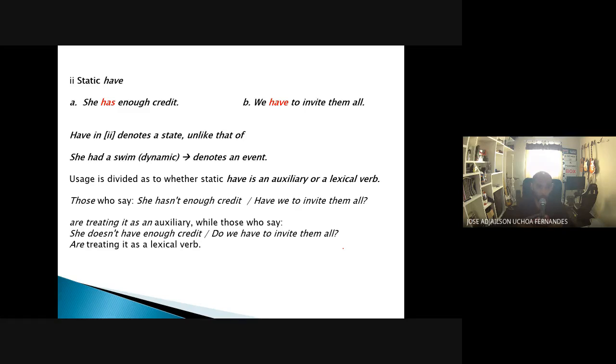Those who say she has not enough credit will treat have as an auxiliary verb, or have we to invite them all. Okay? Those who use this kind of construction are treating have as an auxiliary. Okay. While those that say she does not have, which in fact is the majority of people, okay, this is the dominant version in modern English, especially in modern American English.